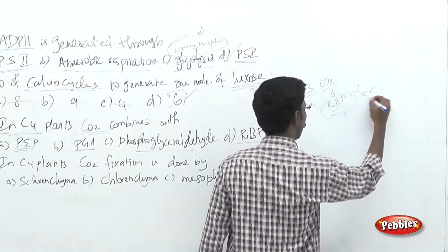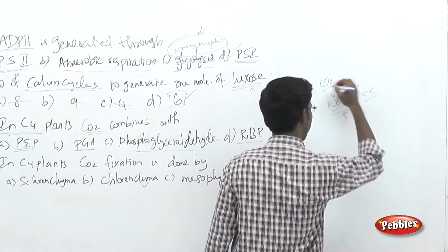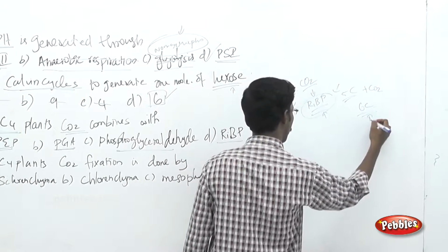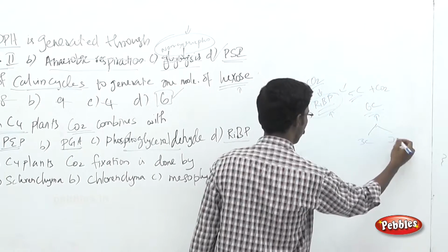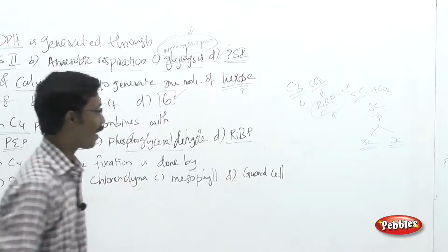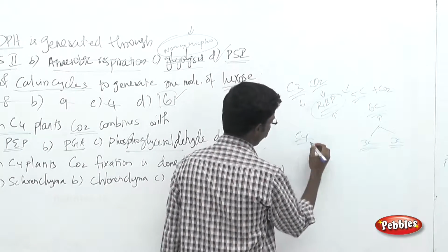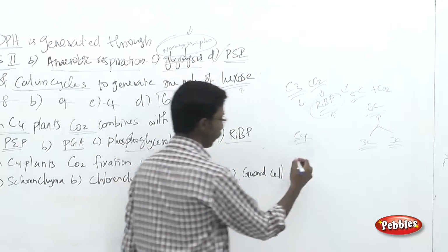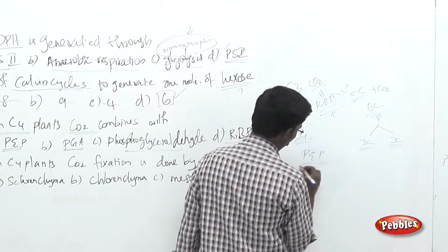It is a 5 carbon molecule. It is going to accept the carbon dioxide, so it will produce a 6 carbon intermediate. From this, it is going to produce 3 carbon molecules. Okay, in case of C4 plants, the first acceptor molecule for carbon dioxide will be phosphoenol pyruvate.